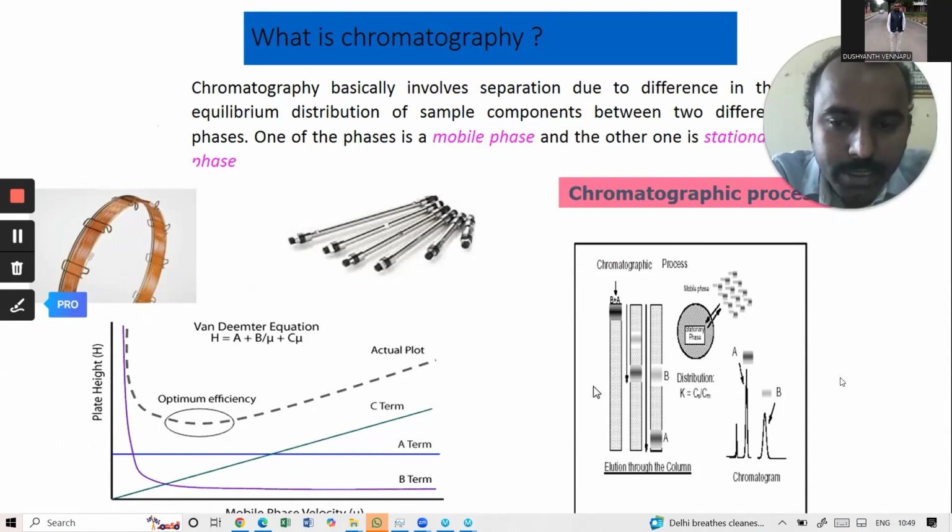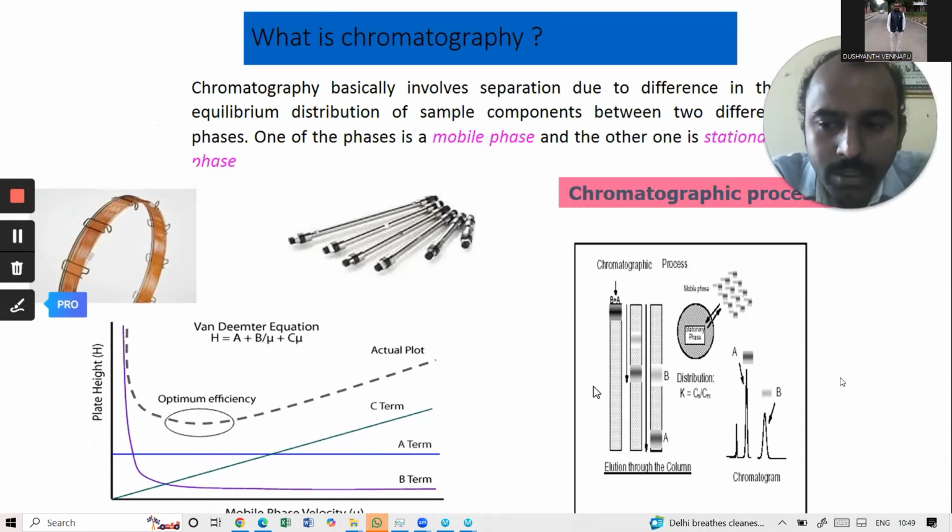The Van Deemter equation is H equals A plus B by mu plus C mu, where mu is the velocity of the mobile phase, A is the eddy diffusion, and B and C are constants. So this will tell you the distribution coefficient of your component between mobile phase and stationary phase and how well they are eluted.